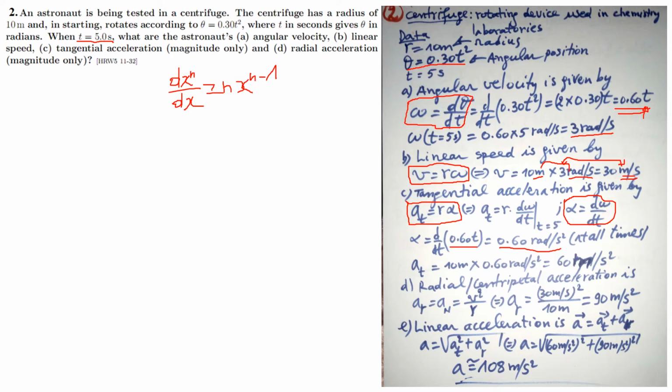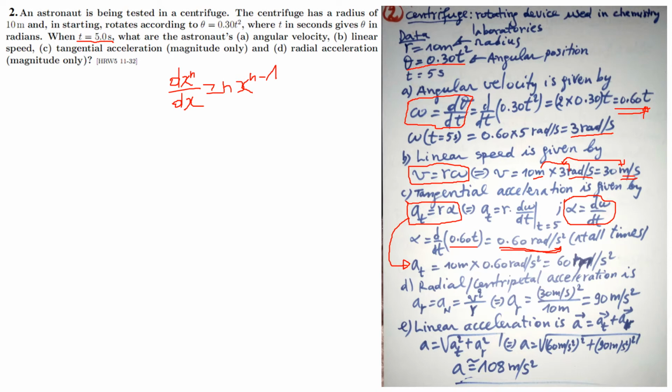As the first derivative of angular velocity becomes a constant, this means that the angular acceleration is constant at all times. It doesn't change. And then we need to go back to our expression for the tangential acceleration.